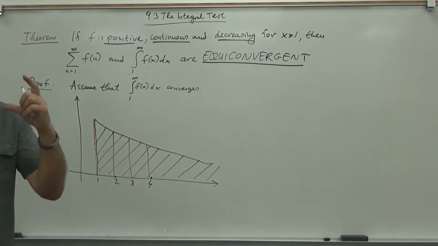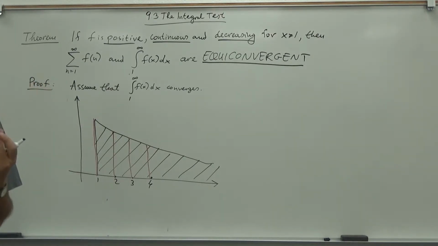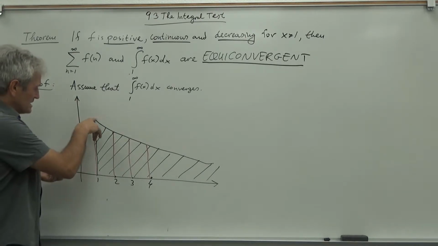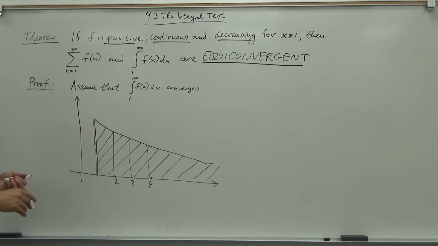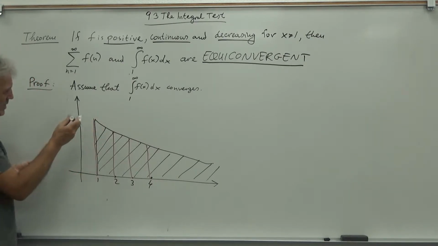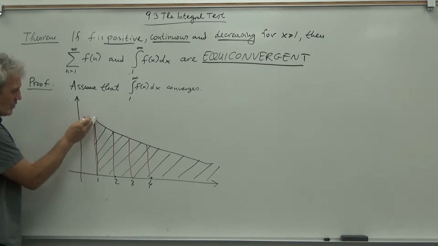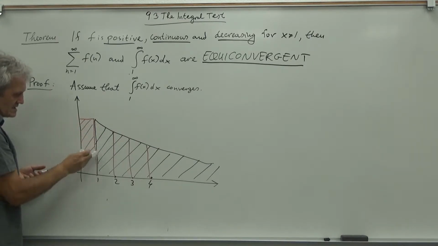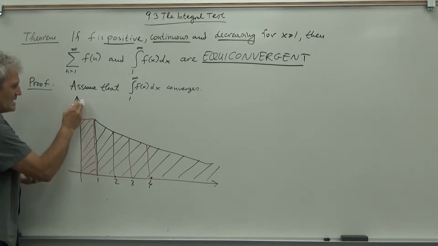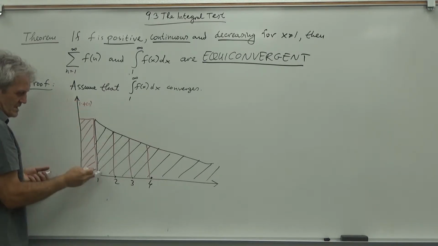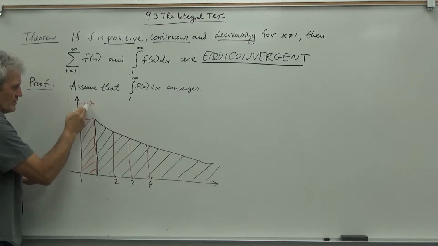Those are just lengths. But here's a very intelligent way, instead of length, to actually consider the areas. Why? Because look at this f of 1. I will draw a rectangle with a base of 1. That rectangle has area 1 times f of 1, because the base is 1, which is just f of 1.